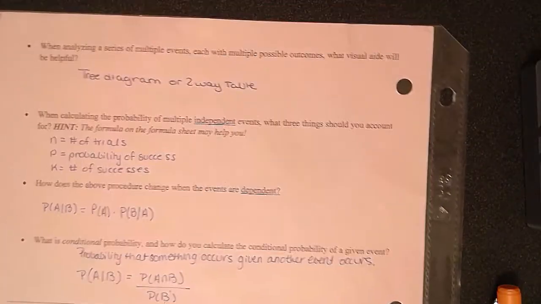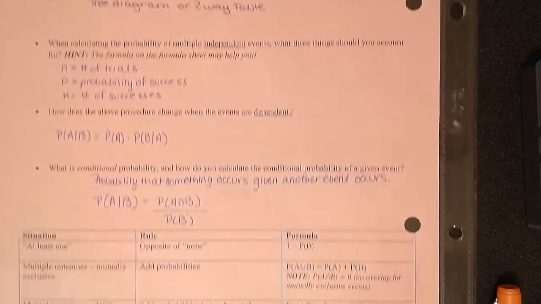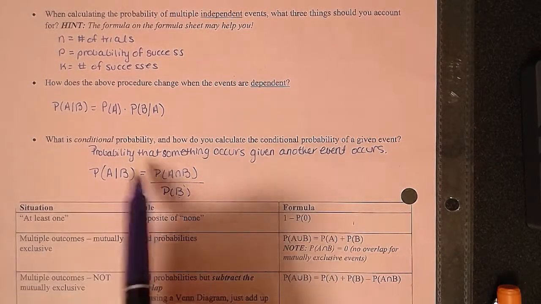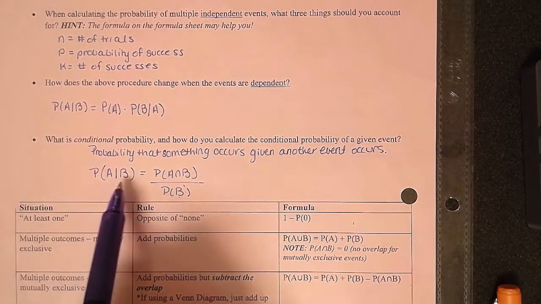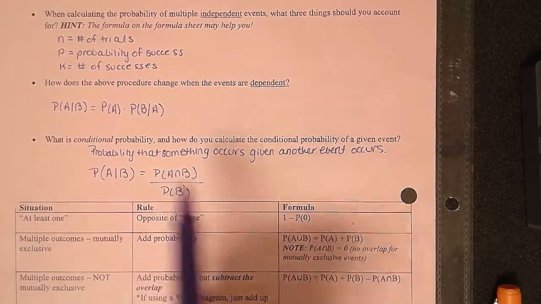Again, using a tree diagram and a two-way table, understand what each of these variables means and how to calculate dependent events. The probability that something occurs given another event occurs, that's probability of A given B, is the probability of A and B divided by the probability of B.